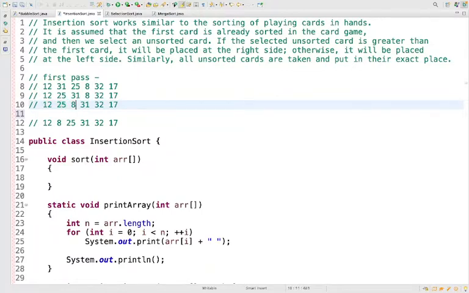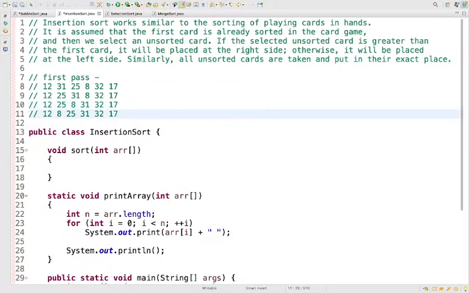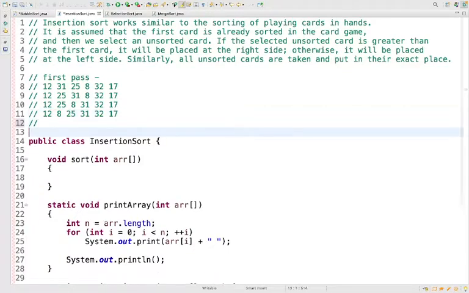Once it swaps, it goes back to the older part, which we assumed might be sorted, but might not be true. So it will check whether 8 is less than 25 or not. Since it is, it will swap, so 8 will come here. Then it will compare 8 with 12, and it will come here. So we get 8, 12, 25, 31, 32, 70.